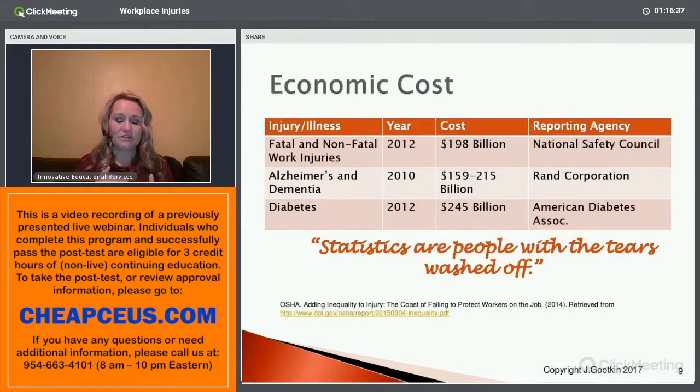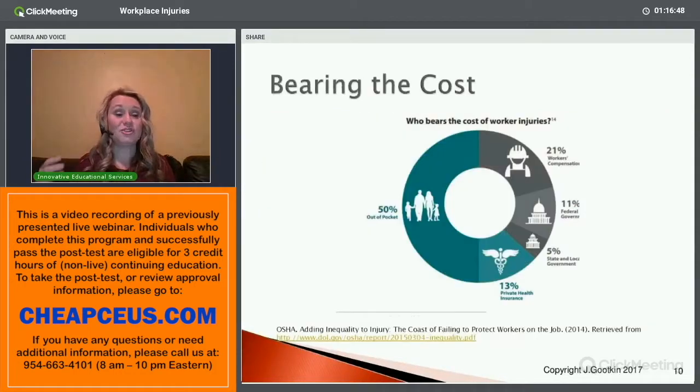In construction alone, they have a quarter of the incidence of workplace injuries being reported. So there are models out there and things that can be done. OSHA, in our country, is taking a lead in implementing some different standards, but the cost is still immense.